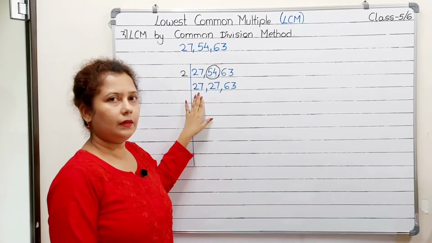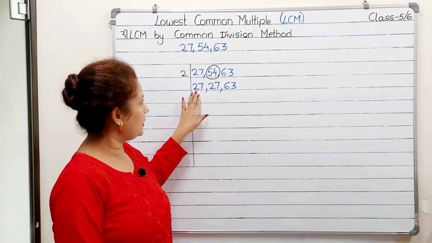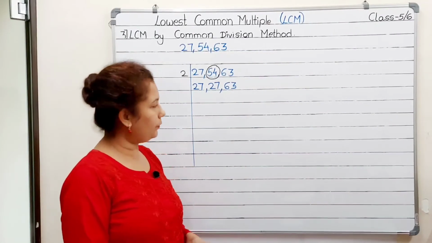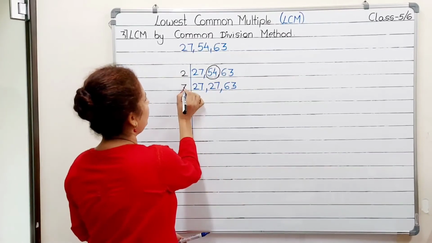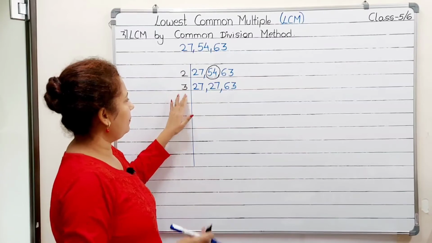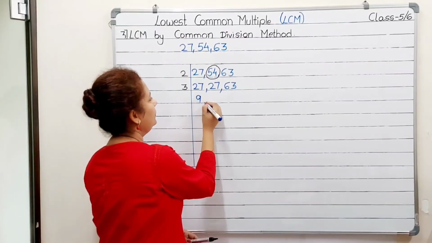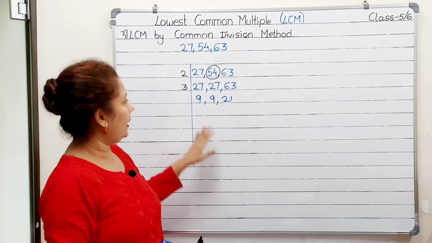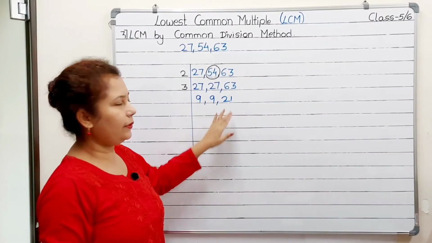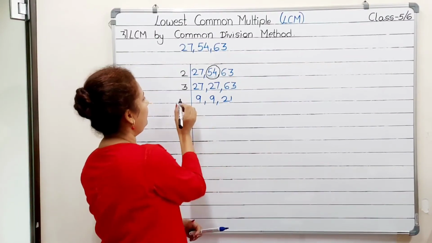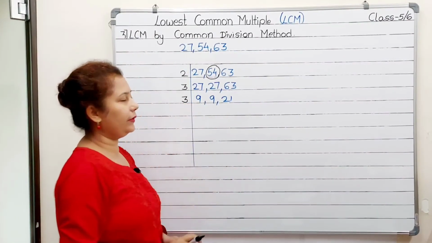Now all these three numbers, that is 27, 27 and 63, are divisible by 3. So we will divide all the numbers by 3. When we divide 27 by 3, we get 9, 9 and 21. Again 9 and 21 are divisible by 3. So next, again we will divide these numbers by 3.